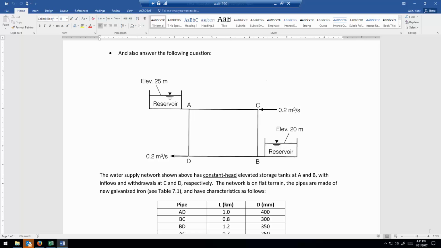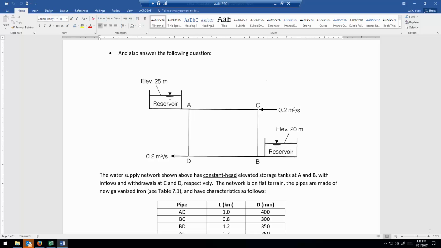So what you're going to need to do is apply the nodal method in 2 different spots. At junction C, what we've got is 0.2 cubic meters per second coming in, and then you have to assume which direction the flow is going, because maybe some of it's going from C towards A and some of it's going from C towards B. Maybe that's just what makes most sense to you.